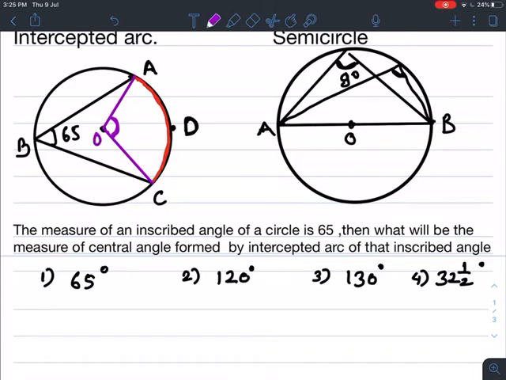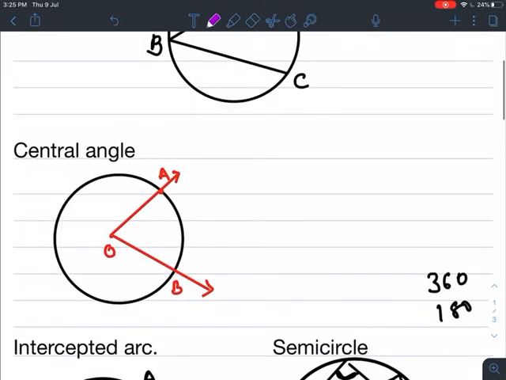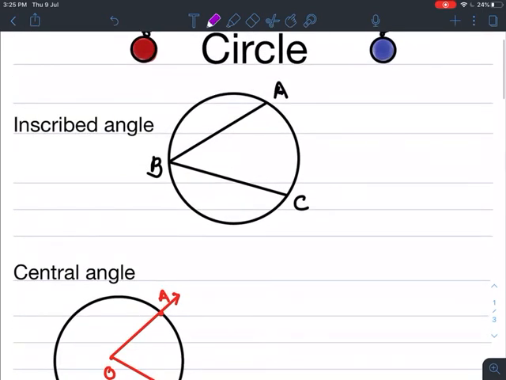Now you see angle ABC, the inscribed angle. The measure of an inscribed angle is always half of the intercepted arc. This is the arc, I will show the arc, this arc. So the measure of this arc is always double of this angle.